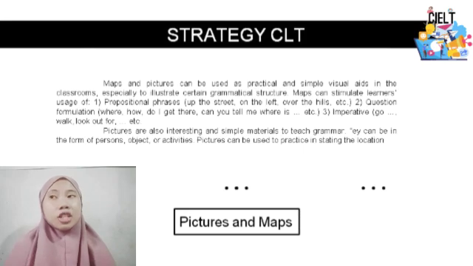But maybe in senior high school we prefer to use songs, games, or poems, because the content is at a higher level. And the next is the CLT strategy.